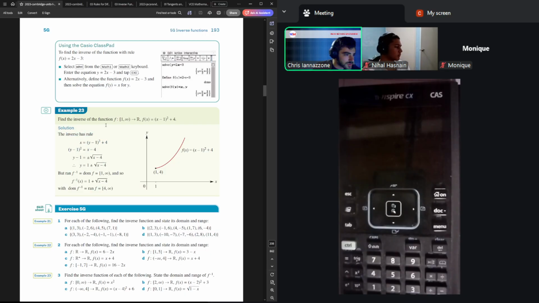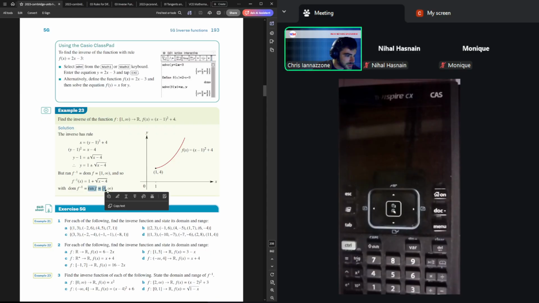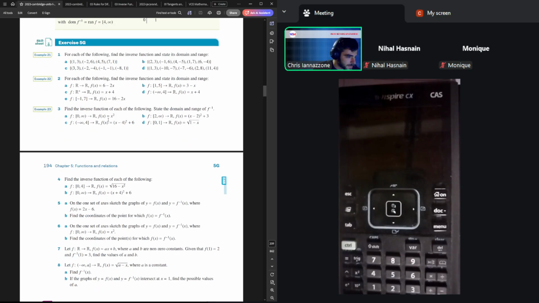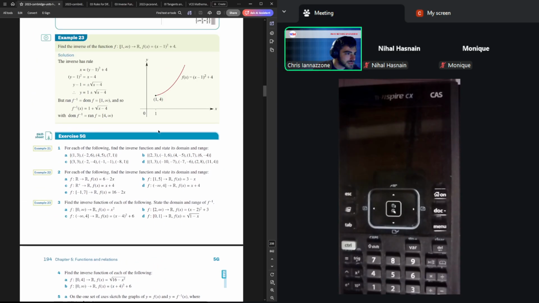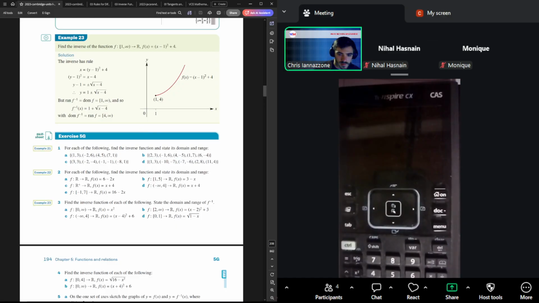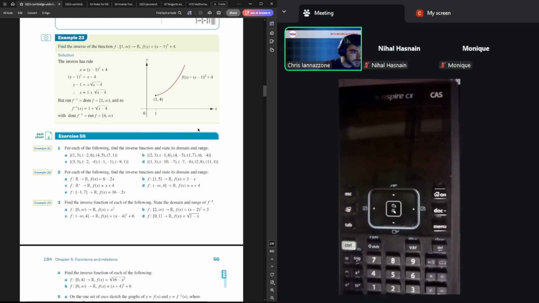The inverse has the rule of this, but you also have to give the domain associated with that, because it says find the function. Let's see, do they have anywhere where it says find the rule? Not in this one, it doesn't seem. But definitely in the exam, you'll see some differences. Sometimes they say find the rule, sometimes they say find the function. Is the difference clear enough, what you do depending on if you're looking for the rule or the function?